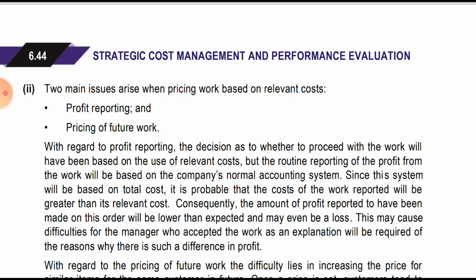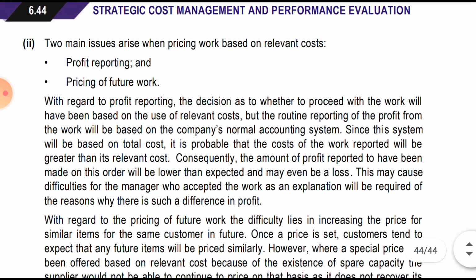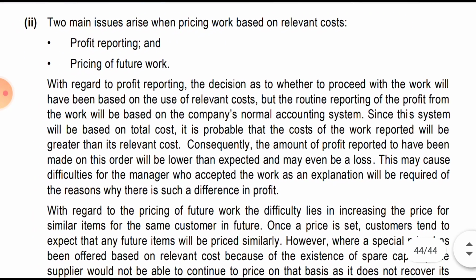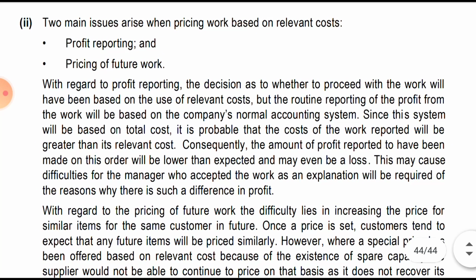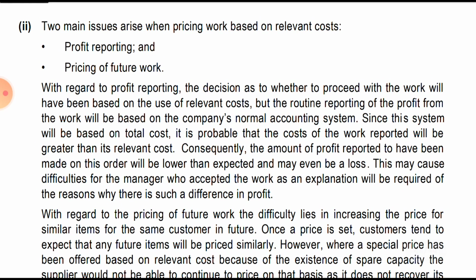The two main issues arising in pricing work based on the relevant cost are profit reporting and the pricing of the future work. With regard to profit reporting, the decision as to whether to proceed with the work will have been based on the relevant cost, but the routine reporting of the profit from the work will be based on the company's normal accounting system.